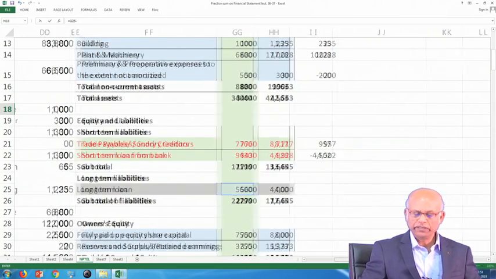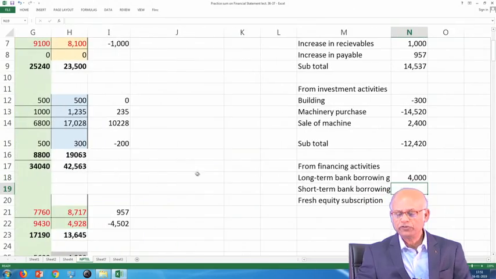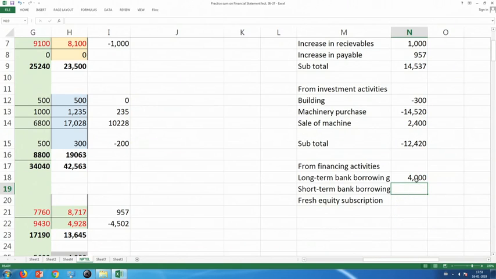minus, we know that there was some repayment of bank loan. So, that is to be repayment of bank loan here.